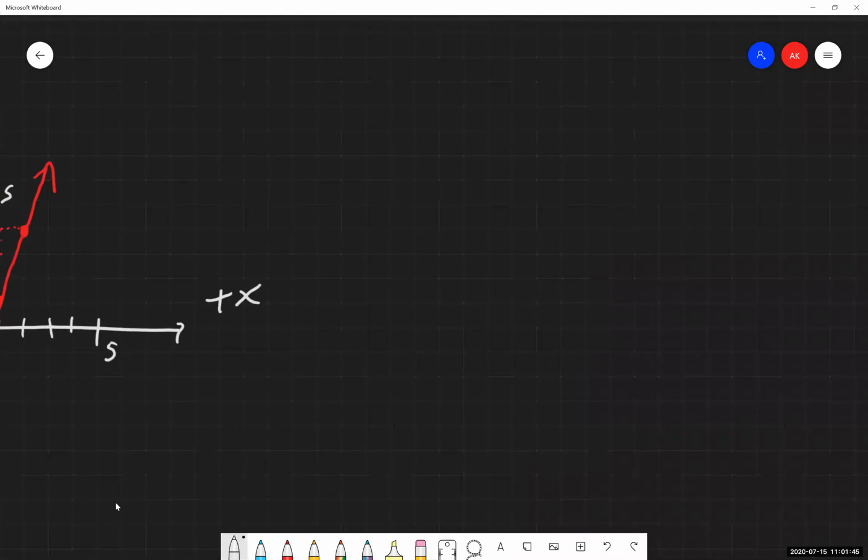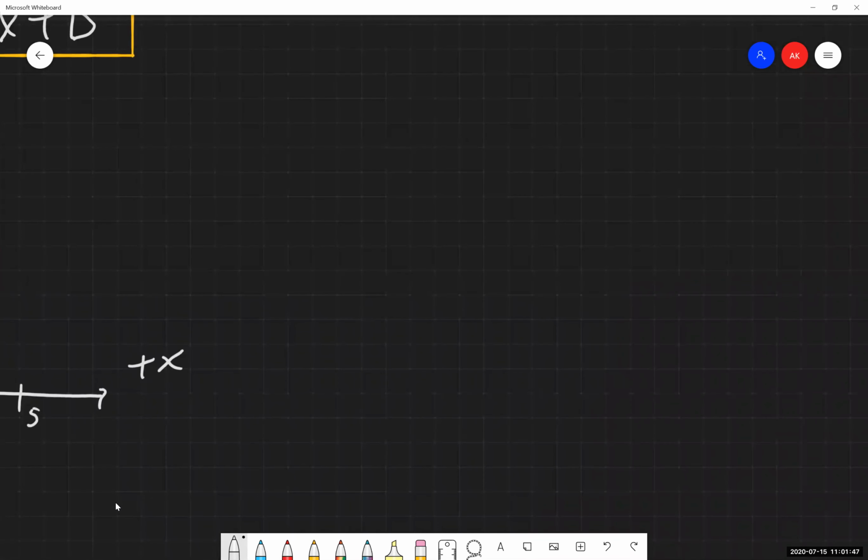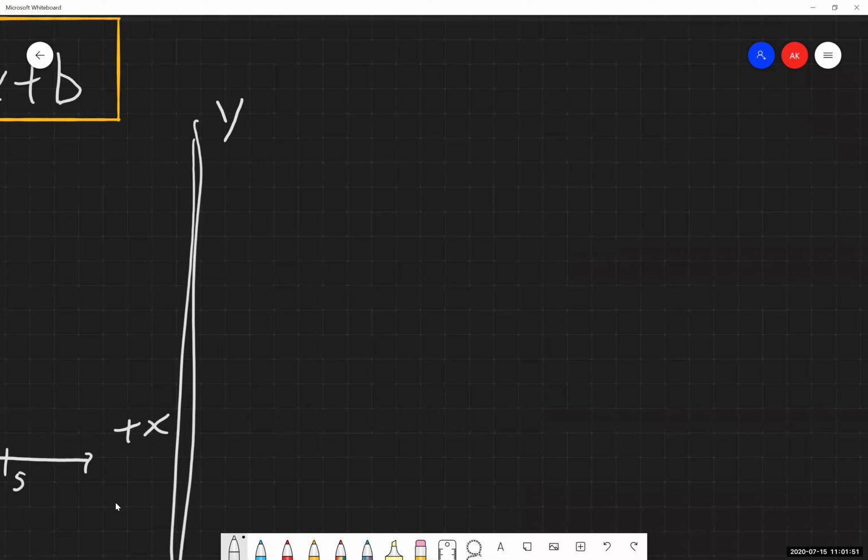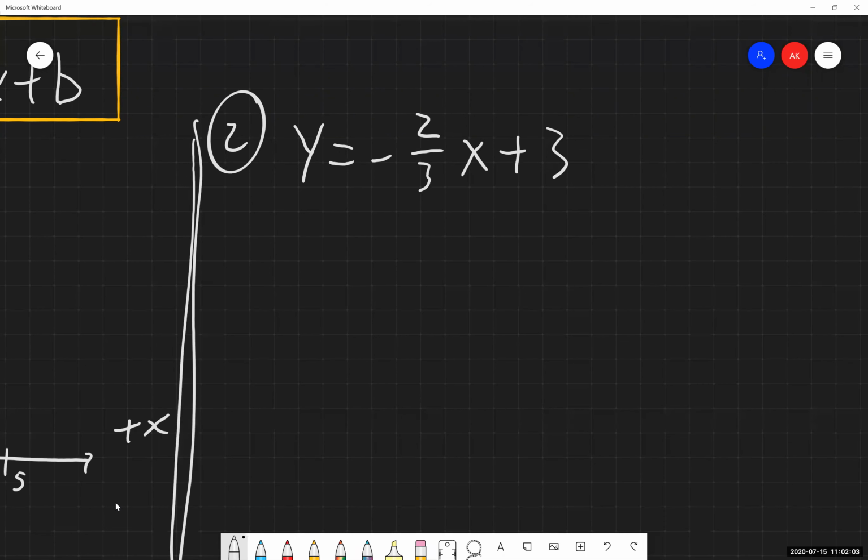So let's take a look at our second example. We were given y is equal to negative 2/3 x plus 3. So again, identify the slope and identify the y-intercept for yourself. So our slope is negative 2/3.